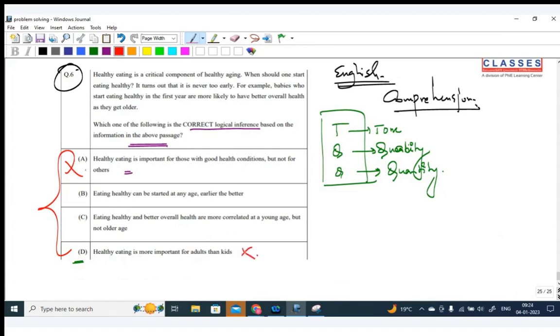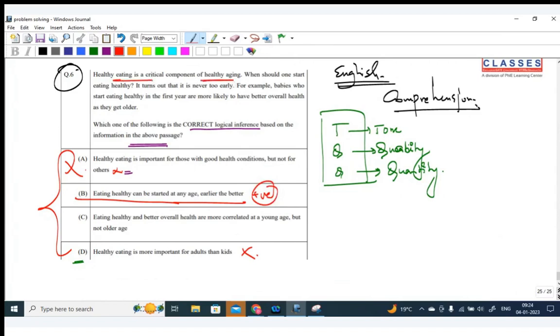One should not think like that, because in the passage also they can't say like this. Eating healthy and better overall health are more correlated at the young age but not at the other ages. Eating healthy can be started at any age, earlier the better, right? So this is the fact. You read this, this is a positive thing. Now healthy eating is a critical component of healthy aging, right?